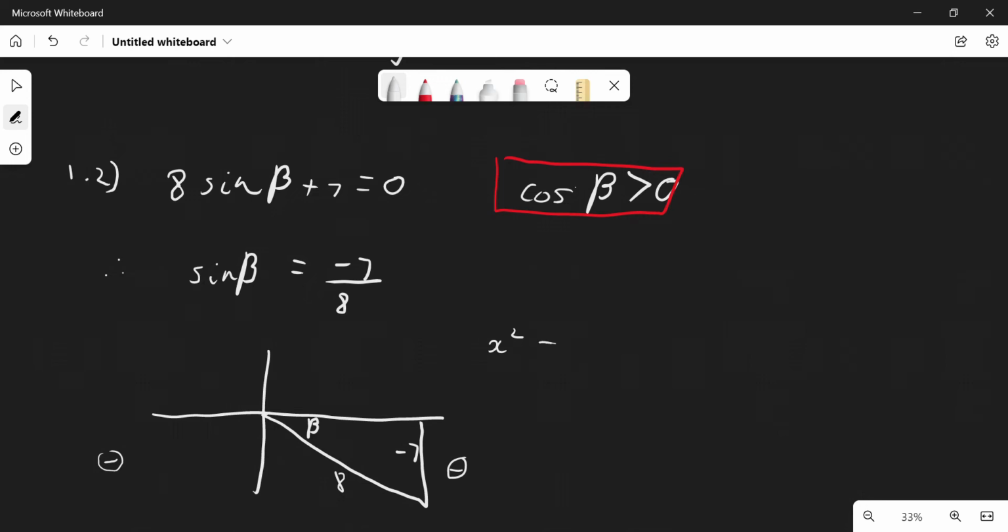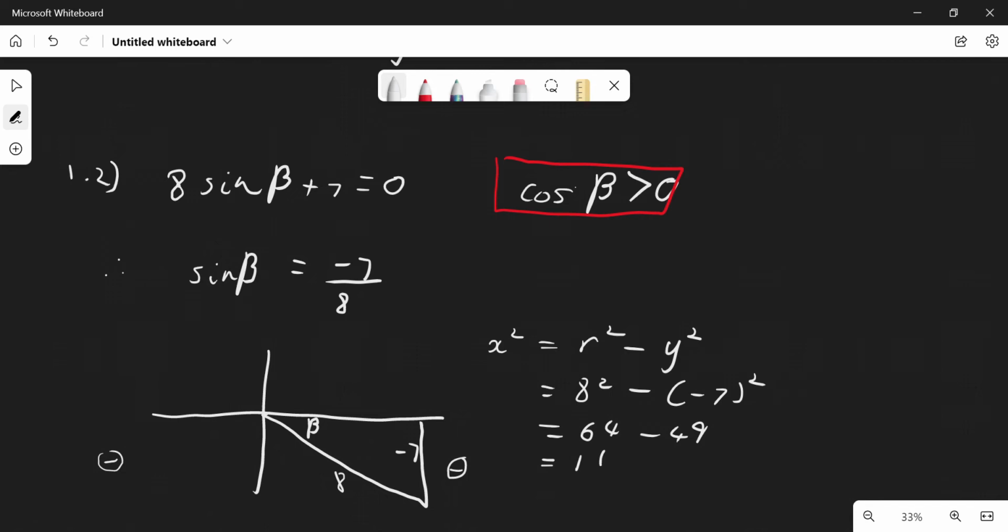So we say x squared is equal to r squared minus y squared, which gives us 8 squared minus negative 7 squared, which is 64 minus 49. And that I've got written down here is 15.